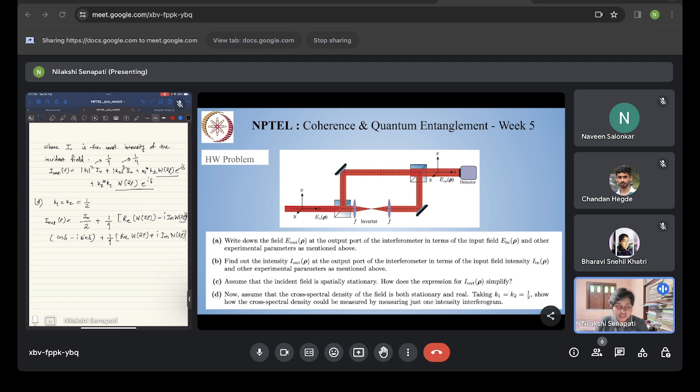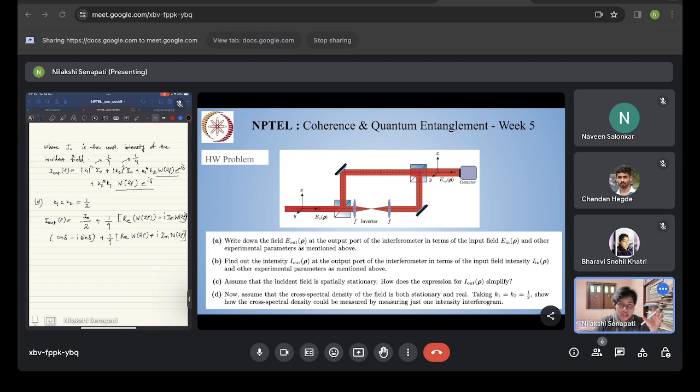I hope this is very clear to you that cross spectral density is a complex quantity. It is not an imaginary quantity. From the beginning, no matter whether it was temporal, spatial, angular, whatever, we are very clear that W is playing the main role, that means the cross spectral density or the cross correlation function, in whatever degree of freedom.